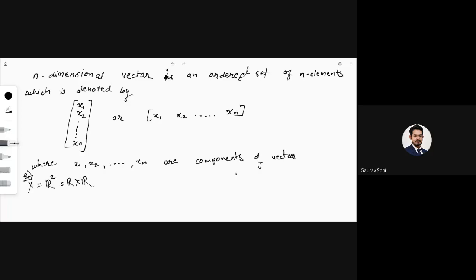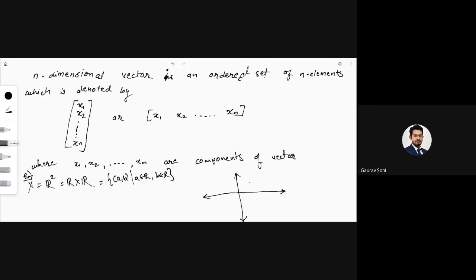You have the x-axis and the y-axis. The x-axis consists of all the real numbers, and the y-axis consists of all the real numbers. With the cross product of these two, as we saw in 11th standard, the product of two sets A cross B is the pairs (a, b) where a belongs to the first set and b belongs to the second set. So what we get is a plane.